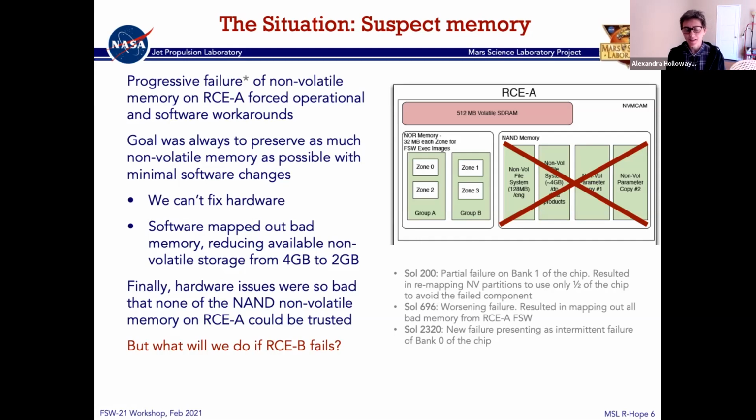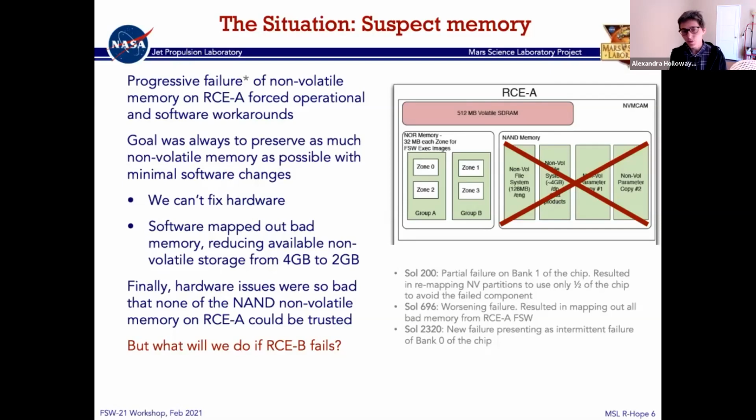There's no second rover that can come and swap out the chip. So in the beginning, software mapped out the bad memory. So we reduced that from 4 gigabytes to 2 gigabytes. So RCE-A now had half of the NAND memory. But finally, hardware issues were so bad that we couldn't use any of the NAND non-volatile memory on RCE-A.